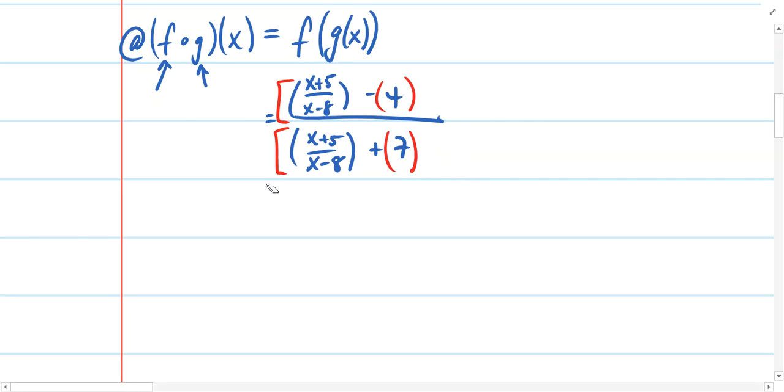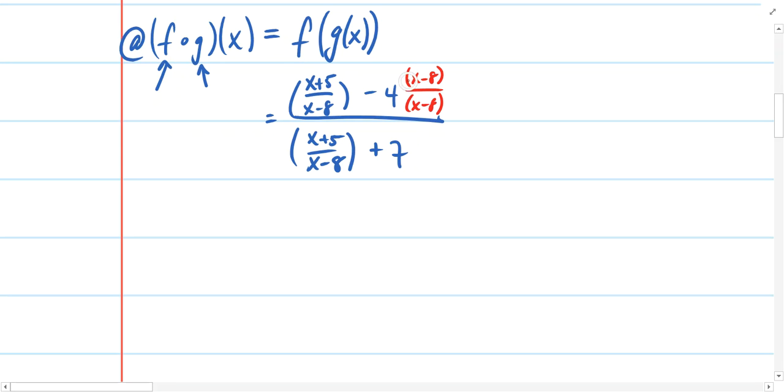So in order to make that happen, I'm just going to simply multiply both this 4 and this 7 by an appropriate form of the number 1. And the appropriate form here is going to be x minus 8 over x minus 8.